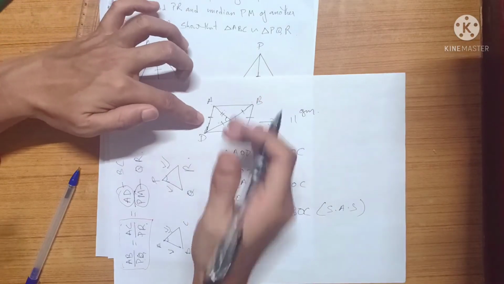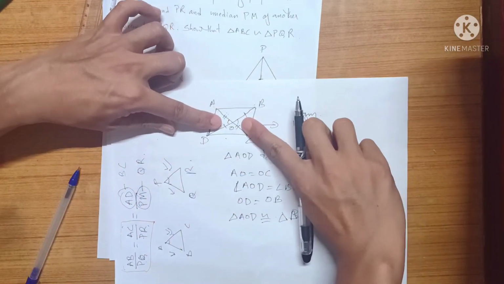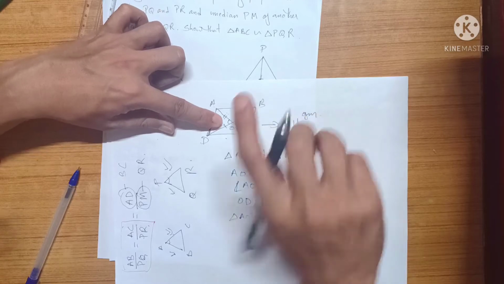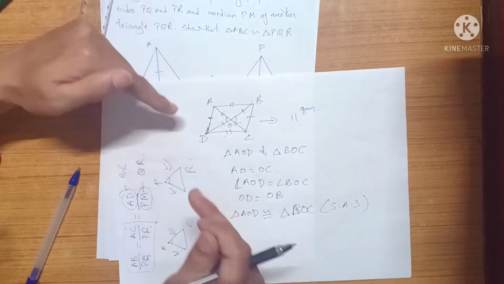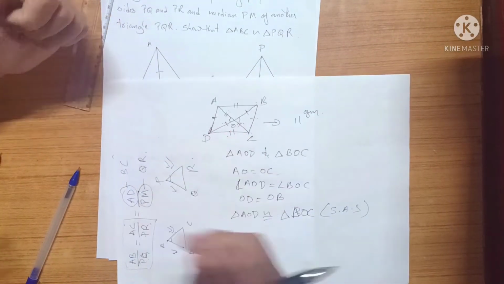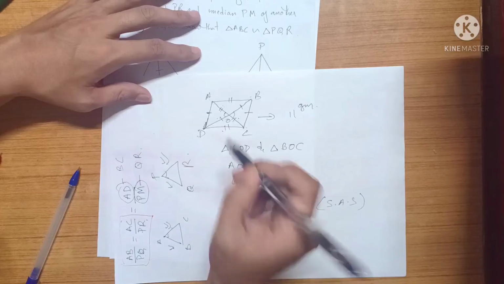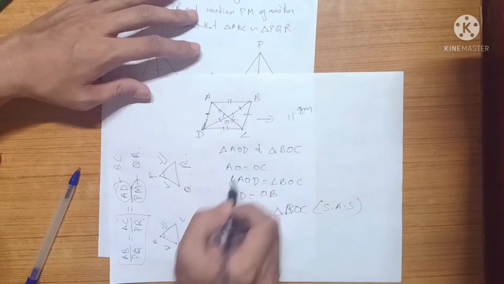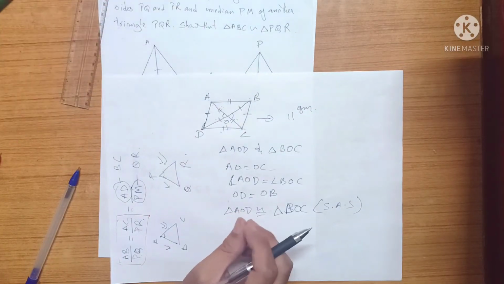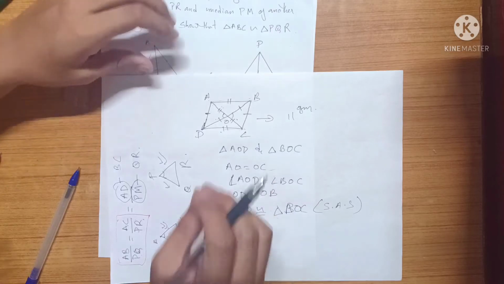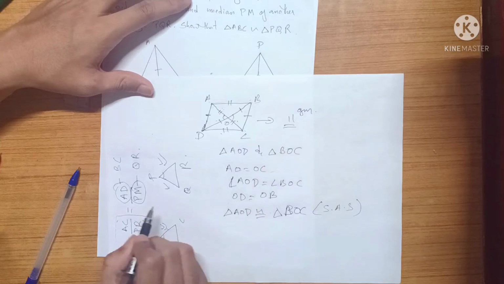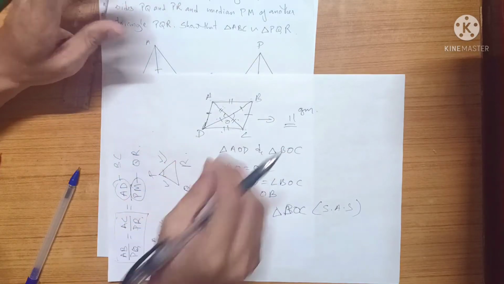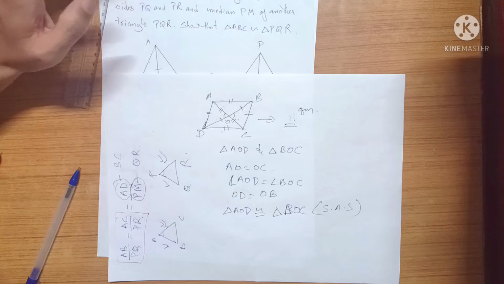If these two are equal, similarly we can do exactly the same for AOB and DOC. So if we do that, this and this will be equal. So one thing is for sure, that opposite sides are equal to each other. If opposite sides are equal to each other, then it becomes a parallelogram. Any quadrilateral where opposite sides are equal is a parallelogram.